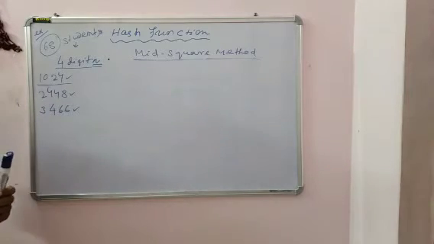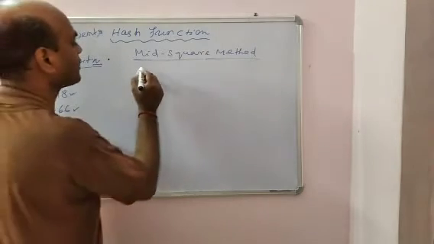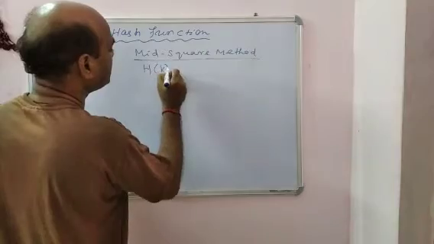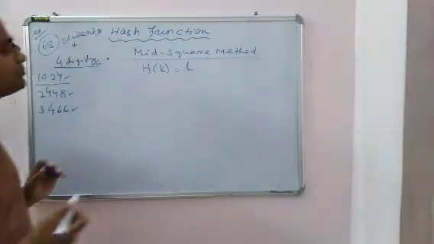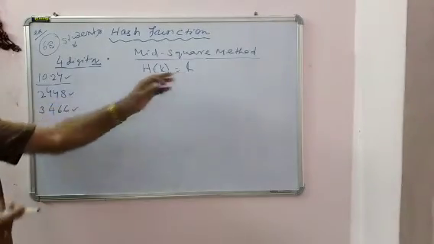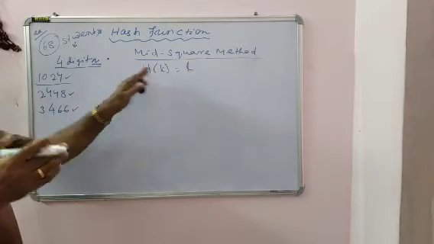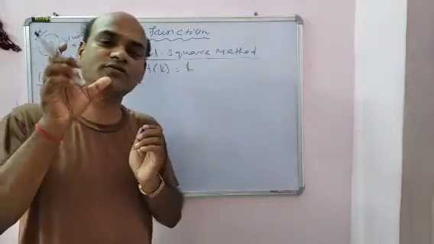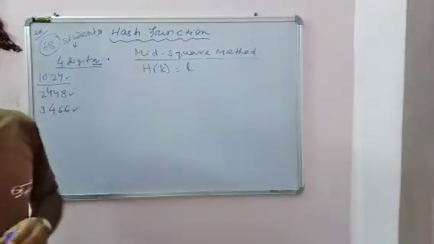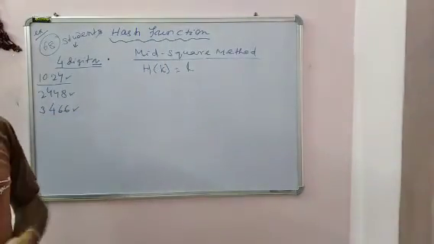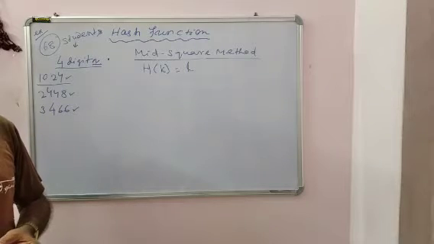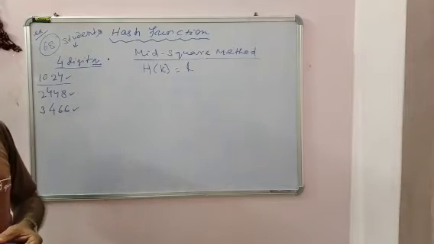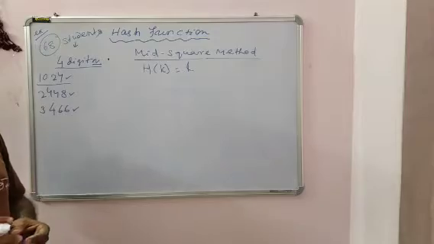The formula of the mid square method is represented by h of k equals l, where l is the value of the hash address computed after eliminating digits from both ends of k square.